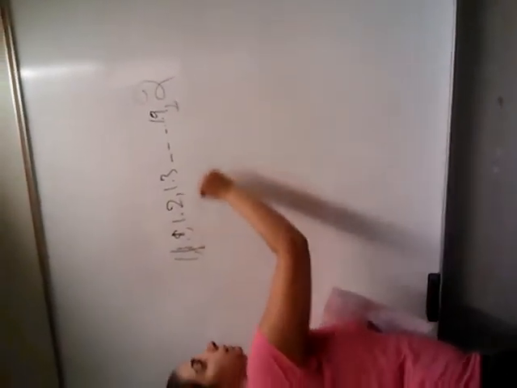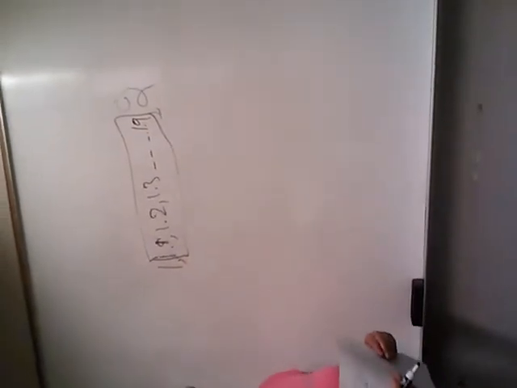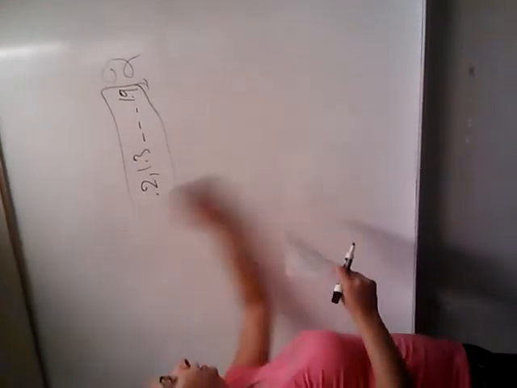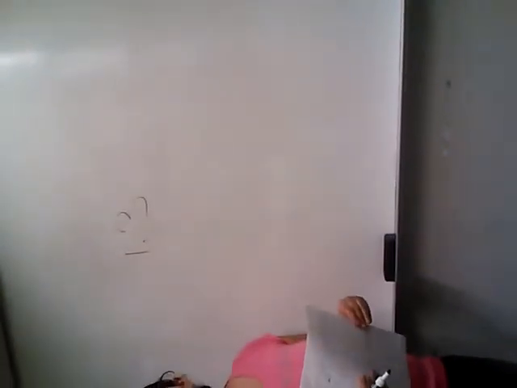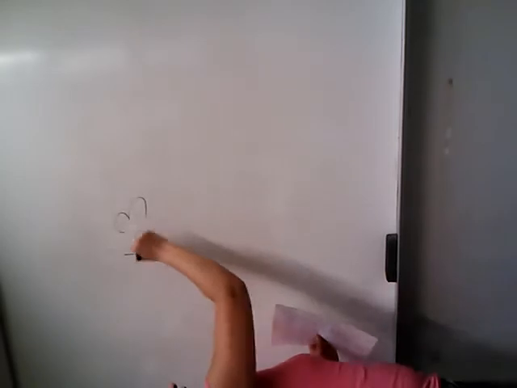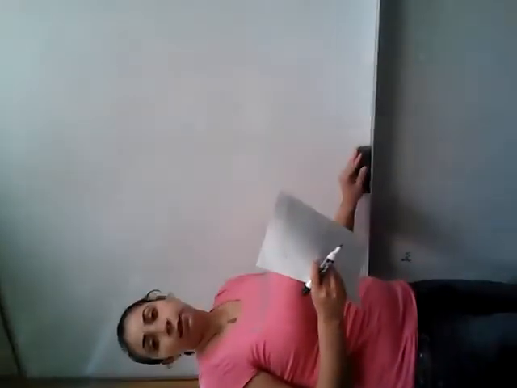So those numbers are decimal numbers. Any question? Okay. So how do we know if it's a decimal number? Exactly because of this dot. Any question? Okay.